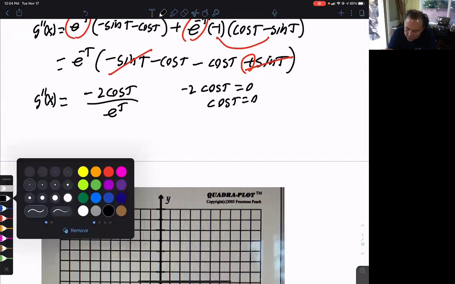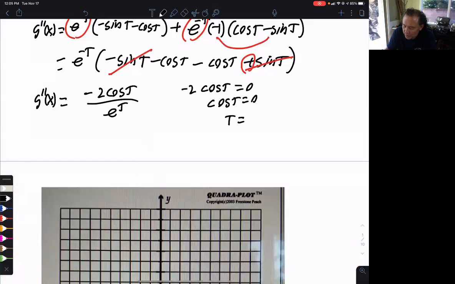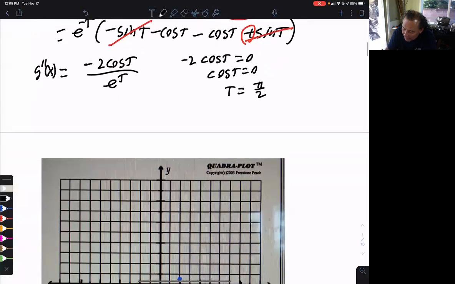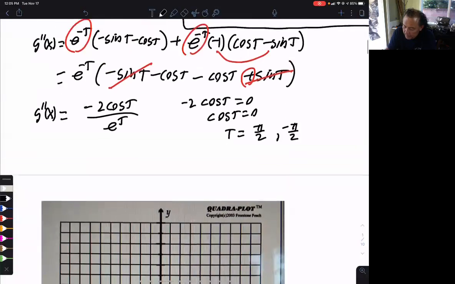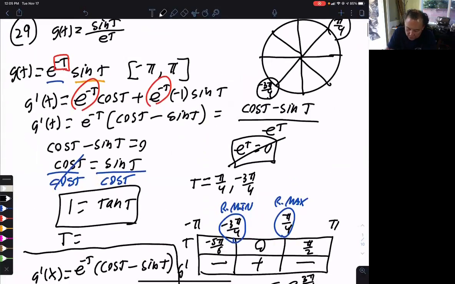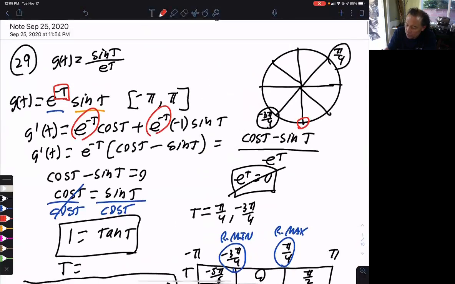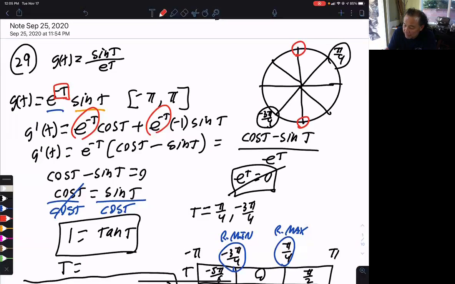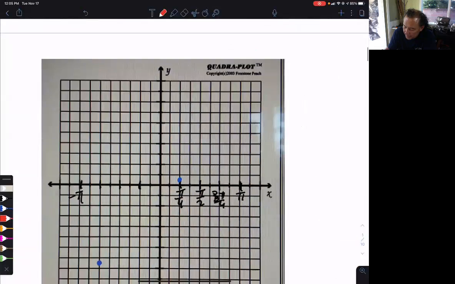So at what angles is cosine 0? Well, pi over 2 on my unit circle, and then negative pi over 2, and that's going to be the extent for that. So it's going to be down here and here where cosine is 0. So positive pi over 2 and negative pi over 2.